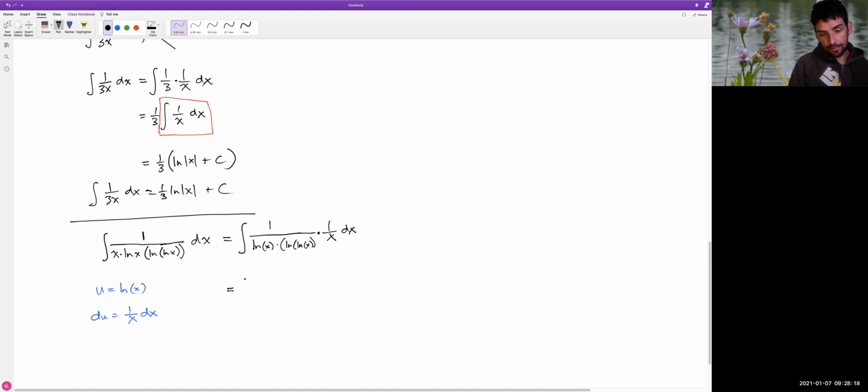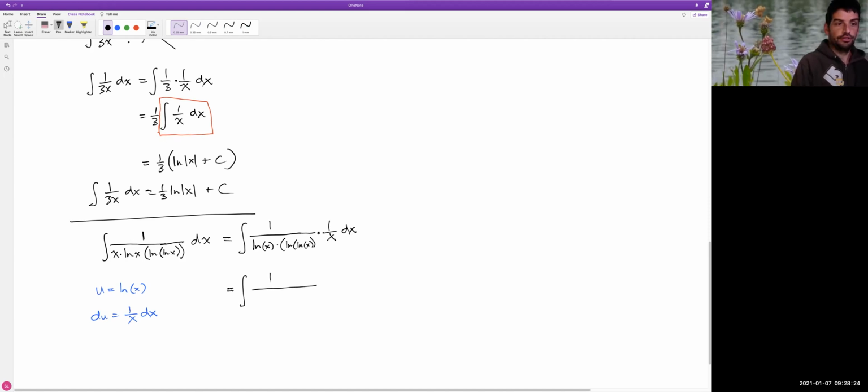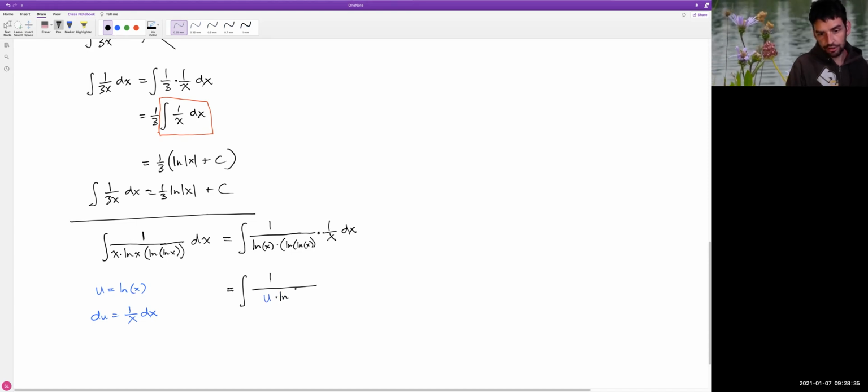And so now I can make all those substitutions. Let's use some colors. I don't know if this helps. Maybe it helps. We'll get u, natural log of x is equal to u. And then we've got the natural log of the natural log of x, which we're now writing as natural log of u.